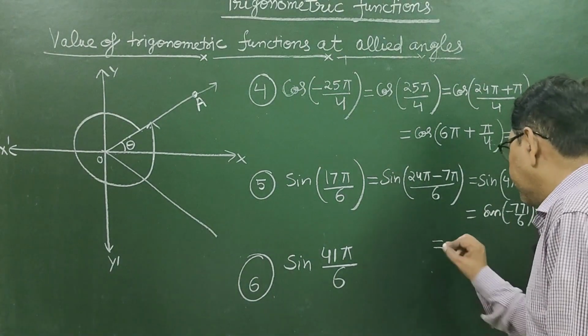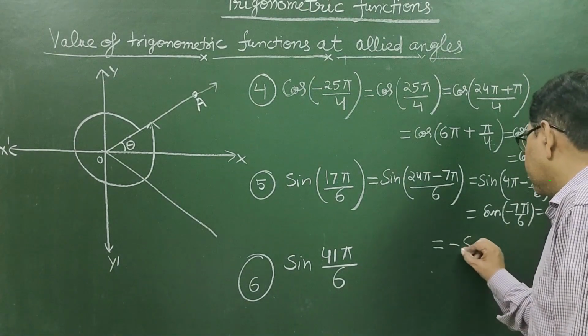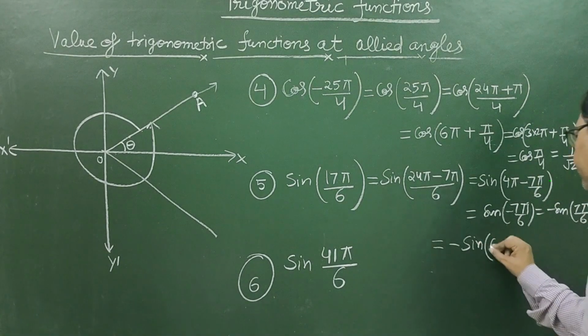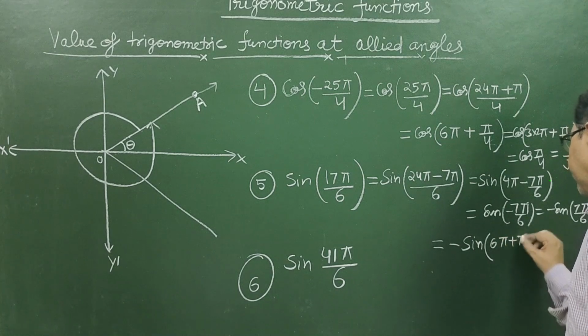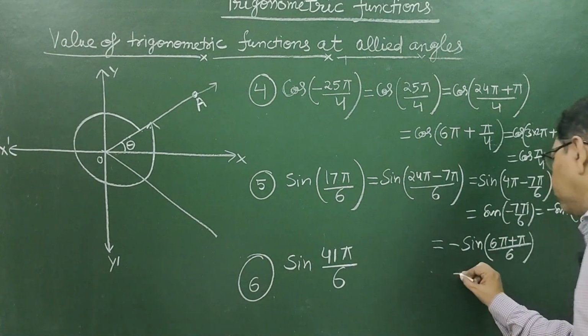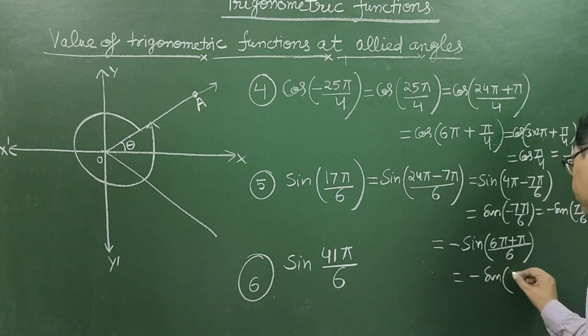which can be solved further. 7 pi upon 6 means minus sine of 6 pi plus pi upon 6, which is equal to minus sine of pi plus pi upon 6, since 6 pi divided by 6 is pi.